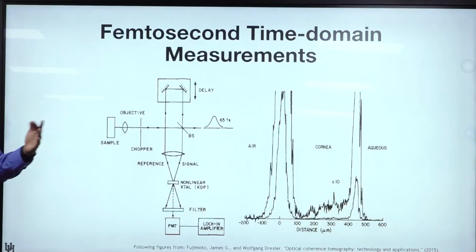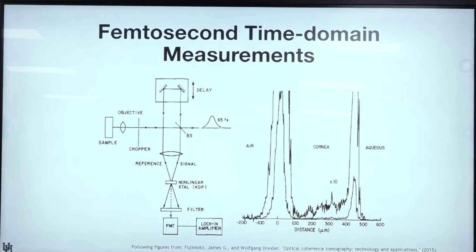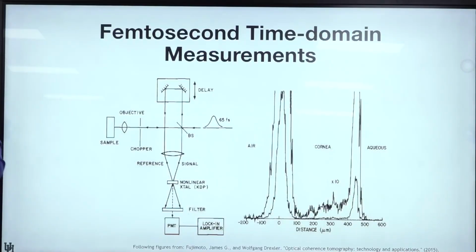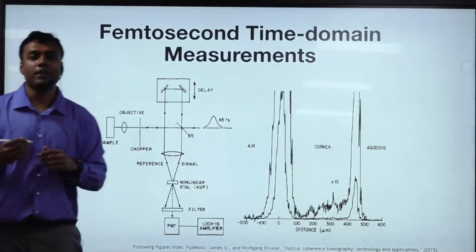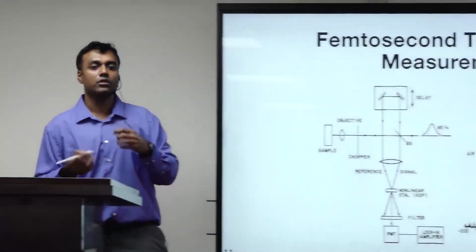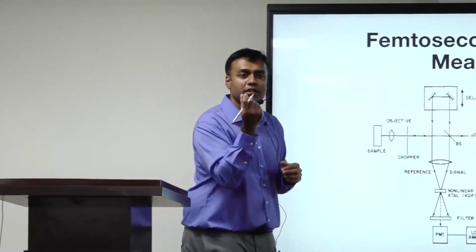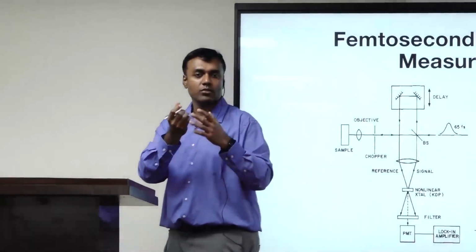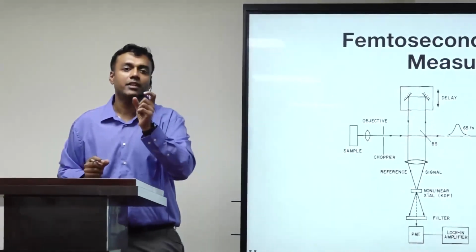Why do we have this moving mirror and something else for OCT? Is there a good reason for doing it this way rather than some other way? So the answer lies in the fact that we want to do microscopy. We want to look at biological samples, and we look at small scales. So we want to look at something which is like 2 microns or 20 microns, something which is very, very small.